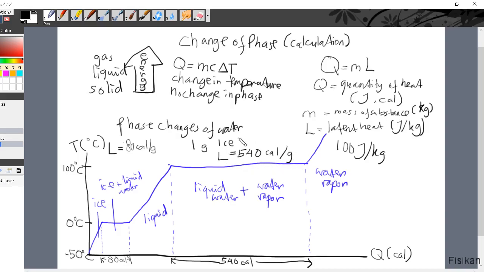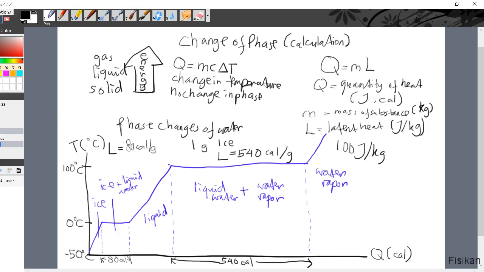This is 6 times more than the amount of energy needed to change the same amount of substance from ice to liquid water. And then the rest, when all of it has become water vapor, is just a change in temperature if you add more energy to it.